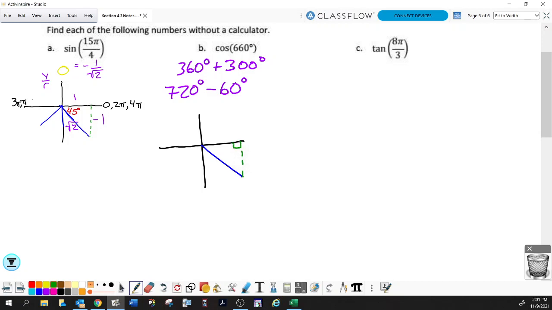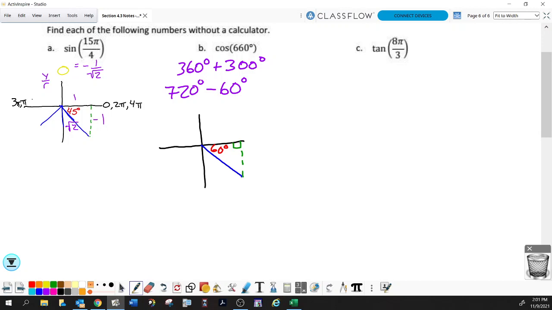This time, though, what's the size of my reference angle? Yeah, it's 60 degrees. What kind of value can always be found across from a 60? It's 1, root 3, 2. Which one's always across from the 60?